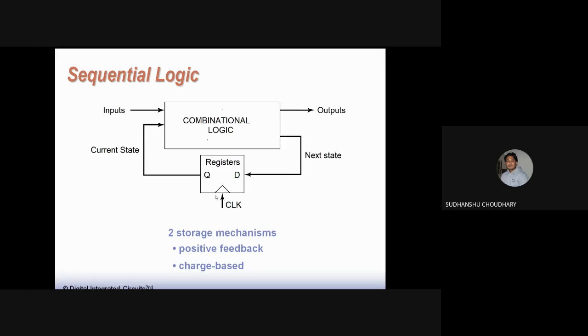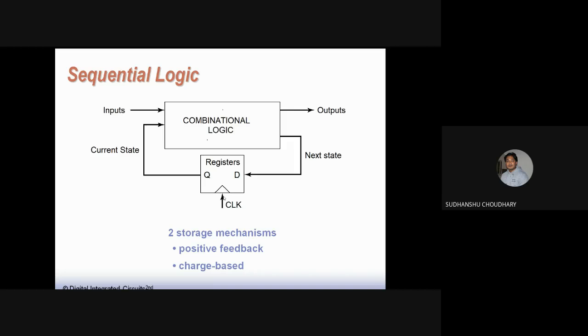And this is a positive edge triggered register, so obviously it will copy the D input to the Q output when the positive edge of the clock comes in. When the clock makes a transition from 0 to 1, or low to high, that is the positive edge.